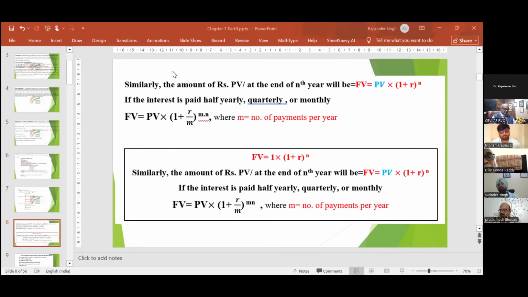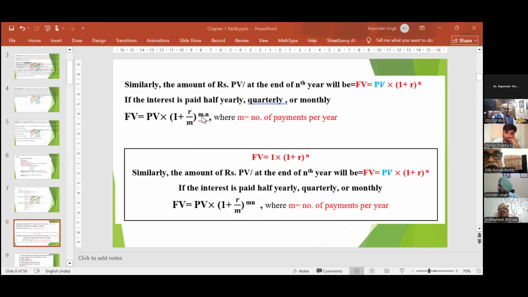How many times will compounding be done? It will be done 4 times in a year. So instead of n, we will multiply it with the number of times compounding is done. Instead of n, we will write m into n.